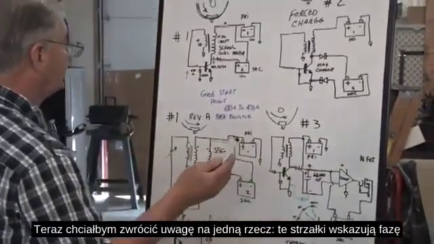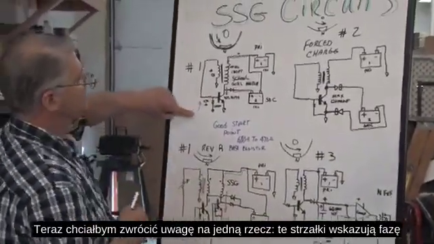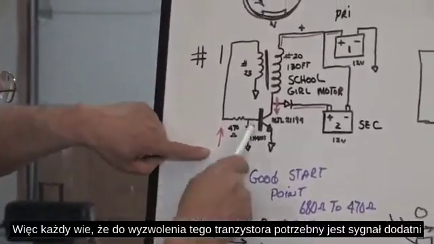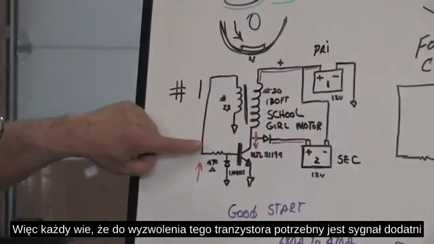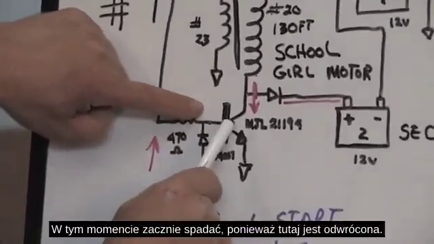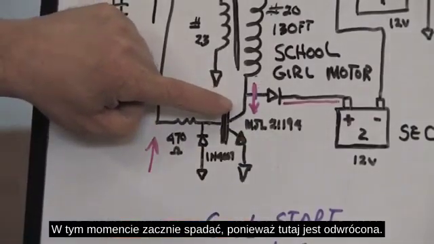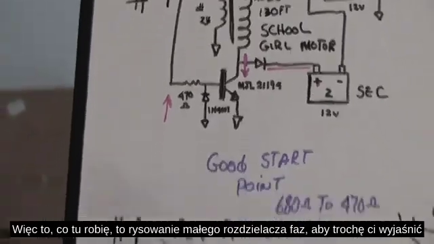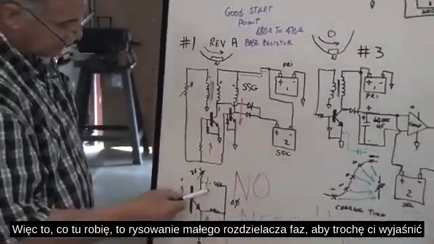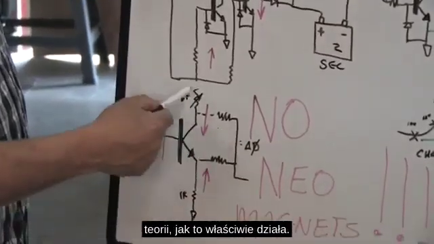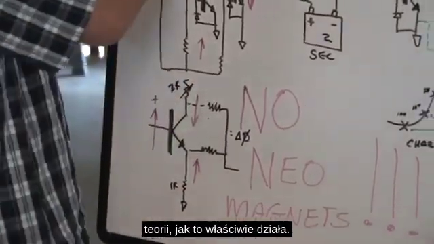Now, one thing I'm going to point out to you is these arrows indicate the phase of the device. So everybody knows that you're going to need a positive signal to trigger this transistor on. At that point in time, it's going to pull down because it's inverted here. So down here is drawn a little phase splitter explaining to you a little theory of how this is actually operating.